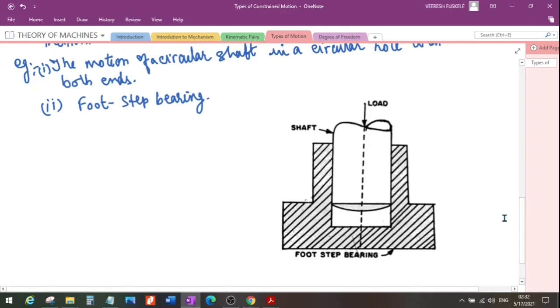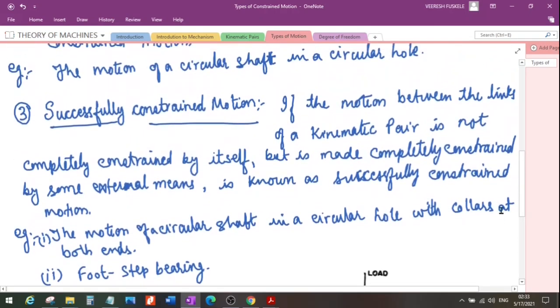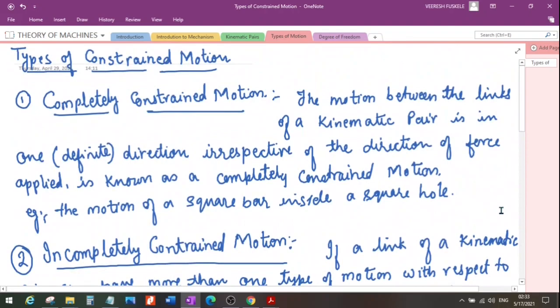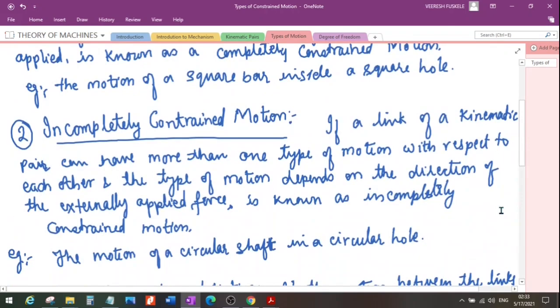So this is about the types of constrained motion. We saw that constrained motion is basically of three types. Completely constrained motion, in which the motion between the links of a kinematic pair is only in one definite direction. Similarly, incompletely constrained motion, if a kinematic link can have more than one type of motion with respect to the other.